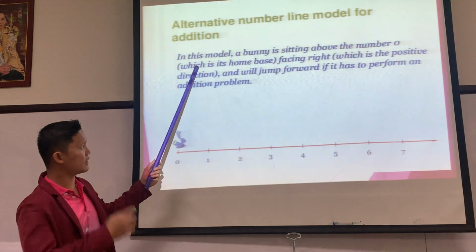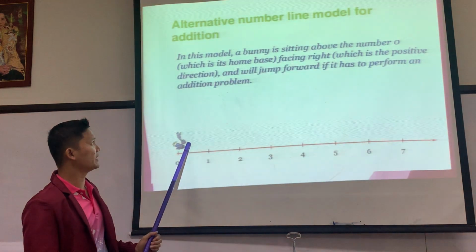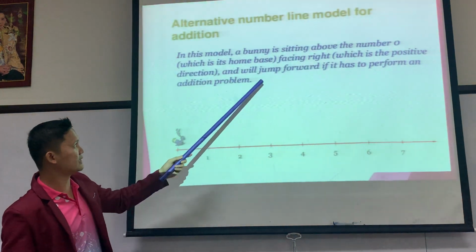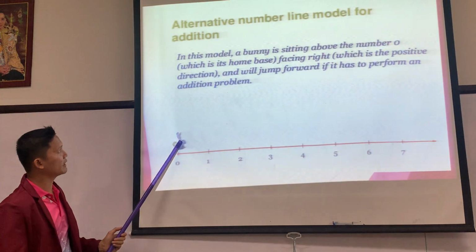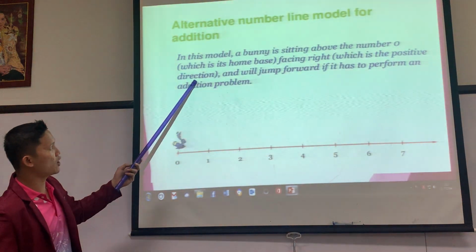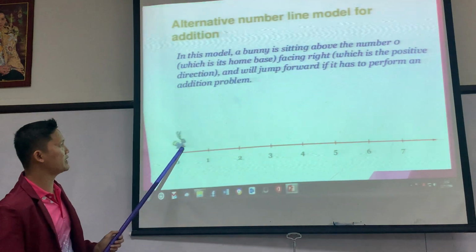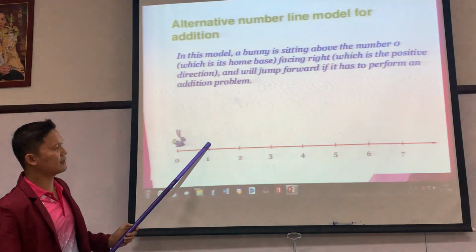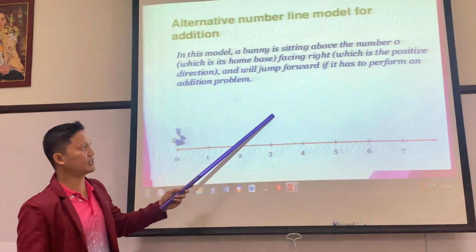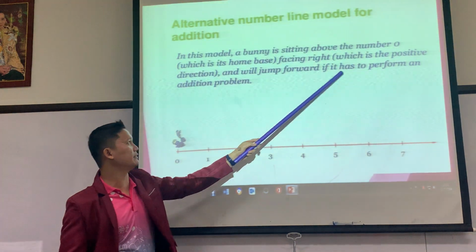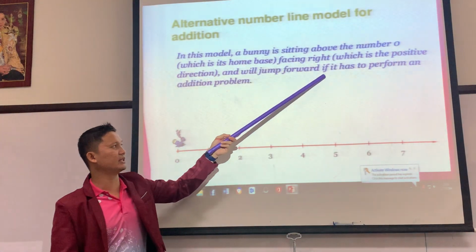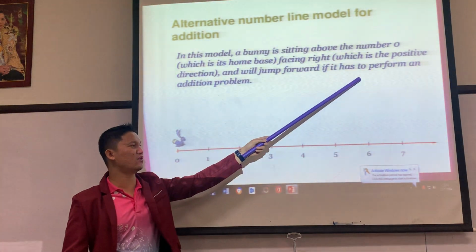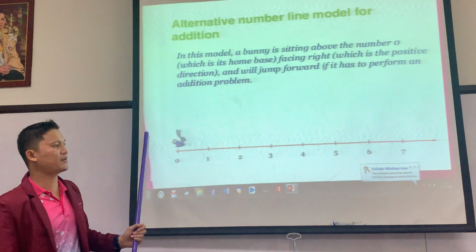So this model is like a bunny, sitting above the number 0. This is a bunny, and its home base is facing the right, which is the positive direction, and it will jump forward if it has to perform an addition problem.